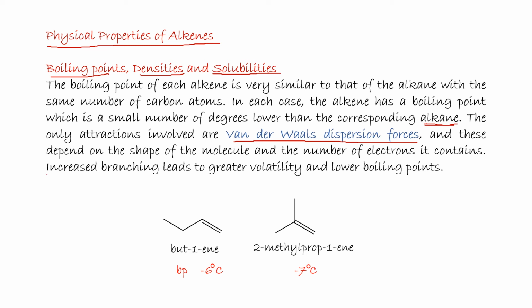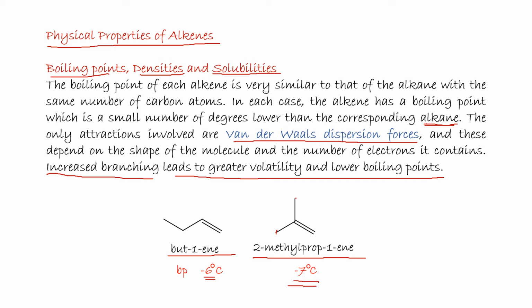Like the alkanes, increased branching leads to greater volatility and lower boiling points. Here we have 1-pentene, boiling point is about -6. If we increase the branching with the same number of carbons, to 2-methylprop-1-ene, we get a lower boiling point, -7 degrees Celsius.